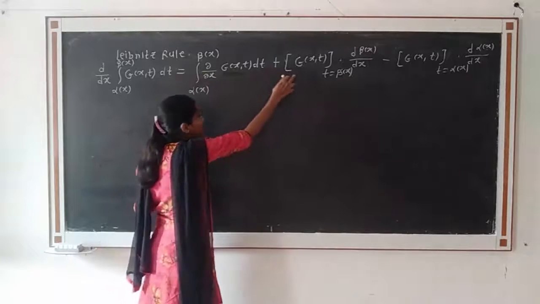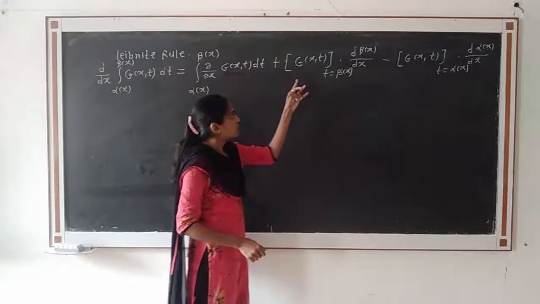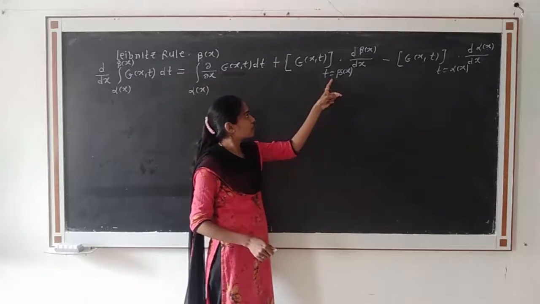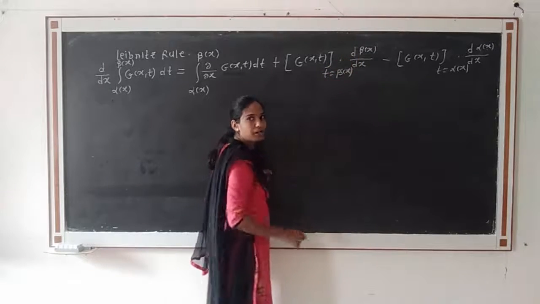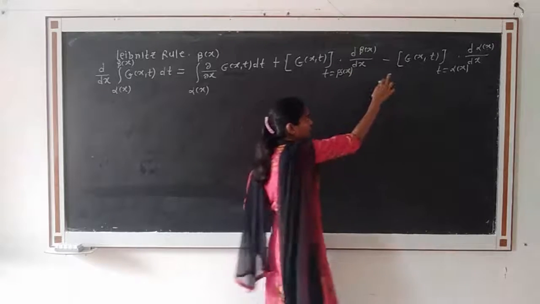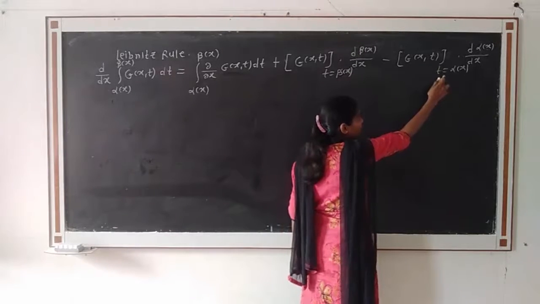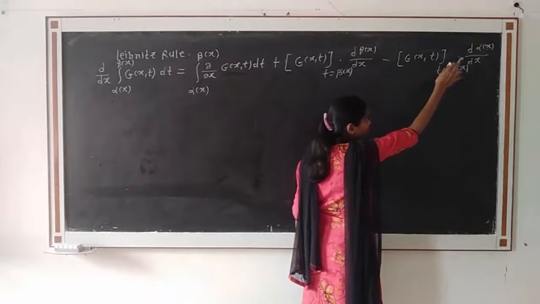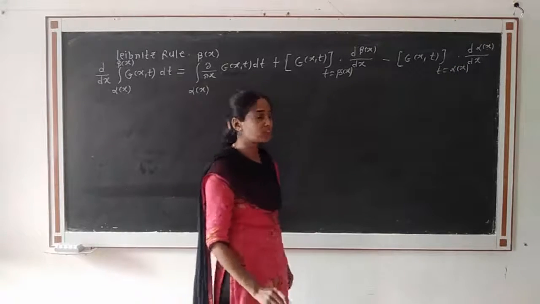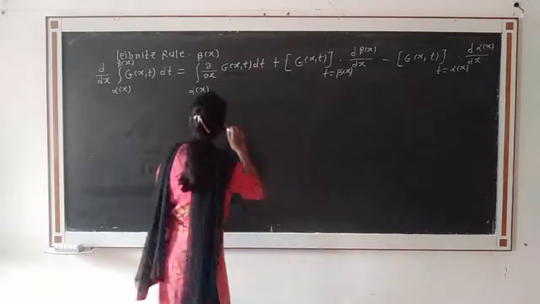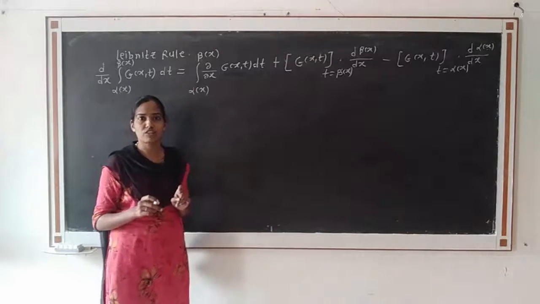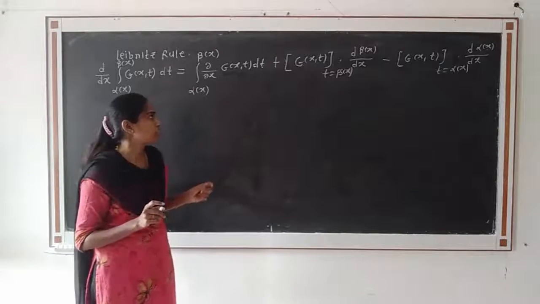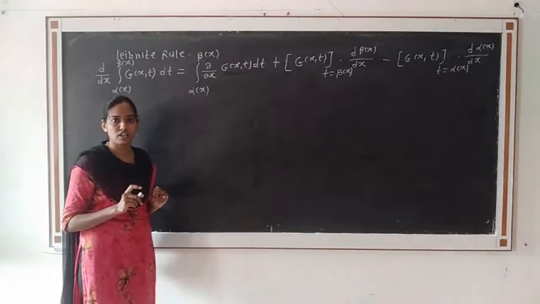Then plus, in the given function g of x,t we put the upper limit, that is beta of x, instead of t, that is for t equal to beta of x, and multiply by the derivative of this upper limit with respect to x. Minus, similarly, in g of x,t put the lower limit, that is alpha of x, and multiply by the derivative of alpha of x with respect to x. That is the Leibniz rule. It's a useful rule for conversion of a Volterra integral equation to an ordinary differential equation.